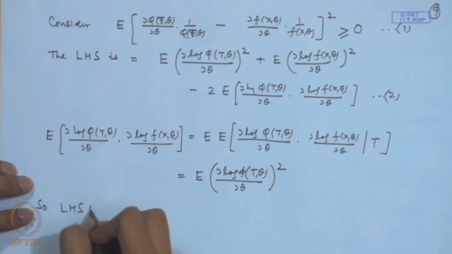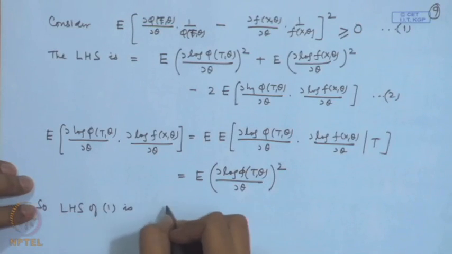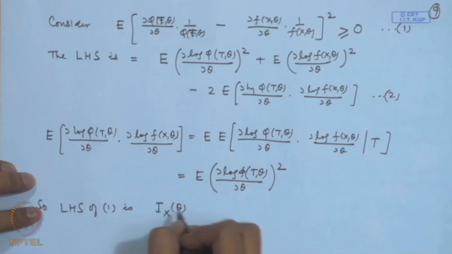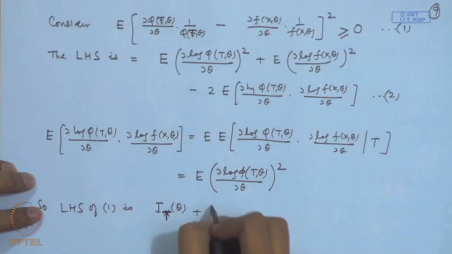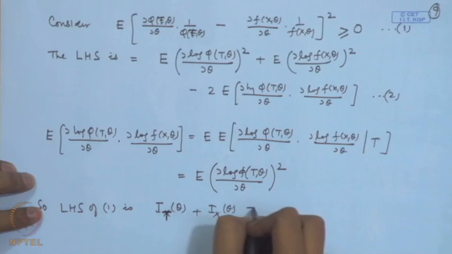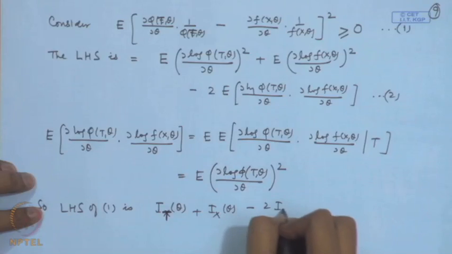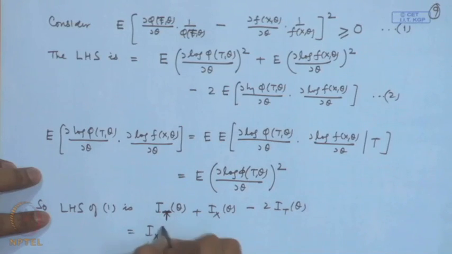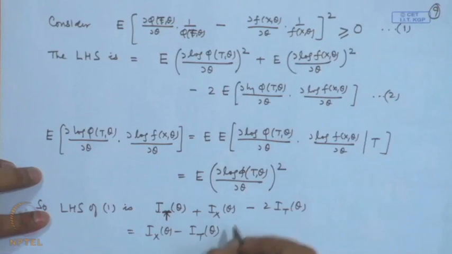The left hand side of 1 is then information in T plus information in X minus twice information in T, that is equal to information in X minus information in T, and the right hand side says that it is greater than or equal to 0.